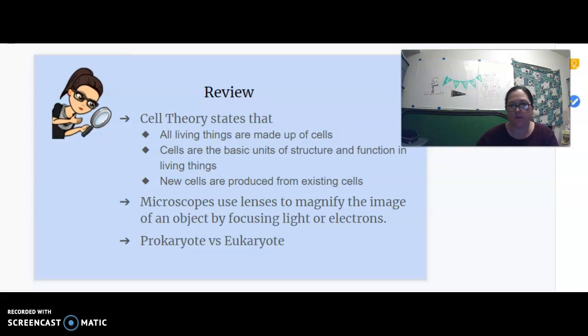And then the main difference between prokaryotic and eukaryotic cells is that in eukaryotic cells, the nucleus separates the genetic material from the rest of the cell. So eukaryotic cells store their genetic material within a nucleus, and prokaryotic cells do not separate their genetic material within a nucleus.